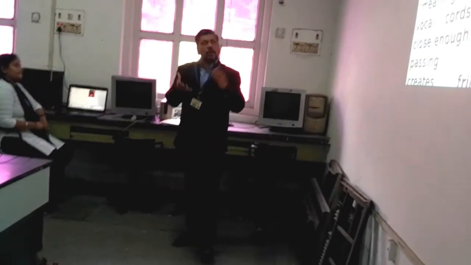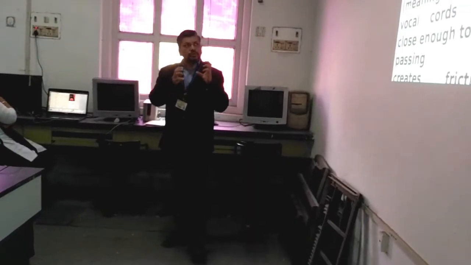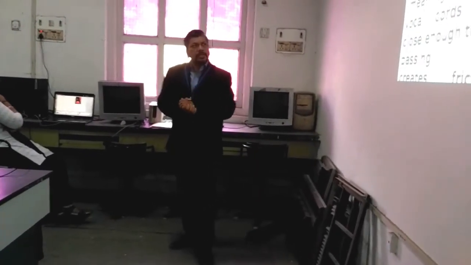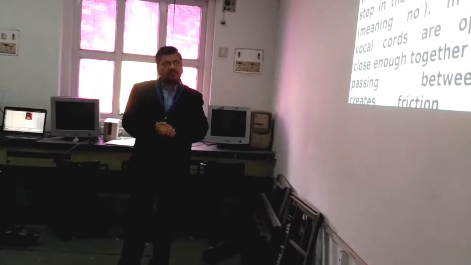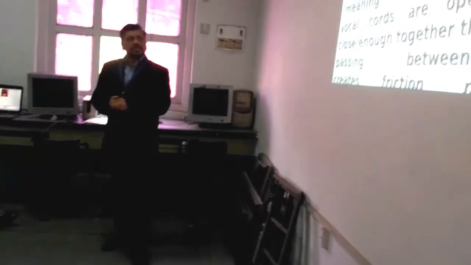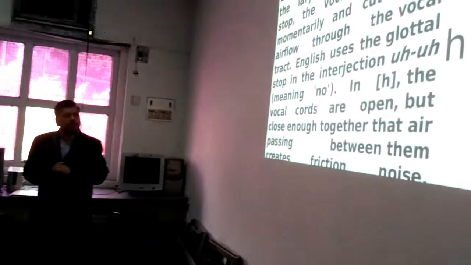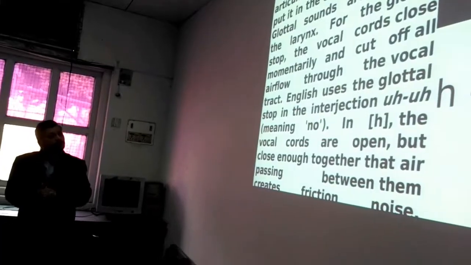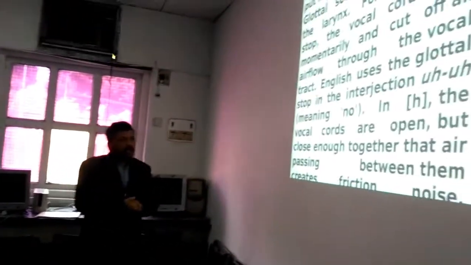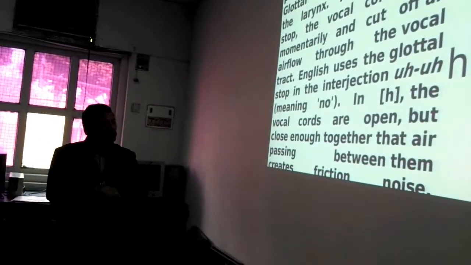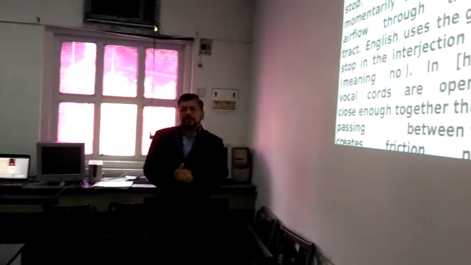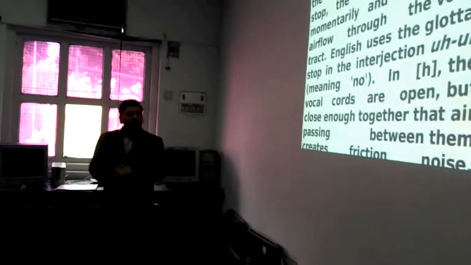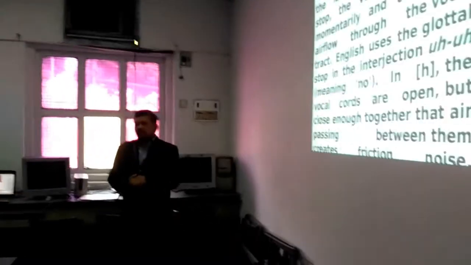For the glottal stop, the vocal cords close momentarily and cut off all airflow through the vocal tract. English uses the glottal stop in the interjection meaning no. In ha, the vocal cords are open but close enough together that air passing between them creates friction noise.